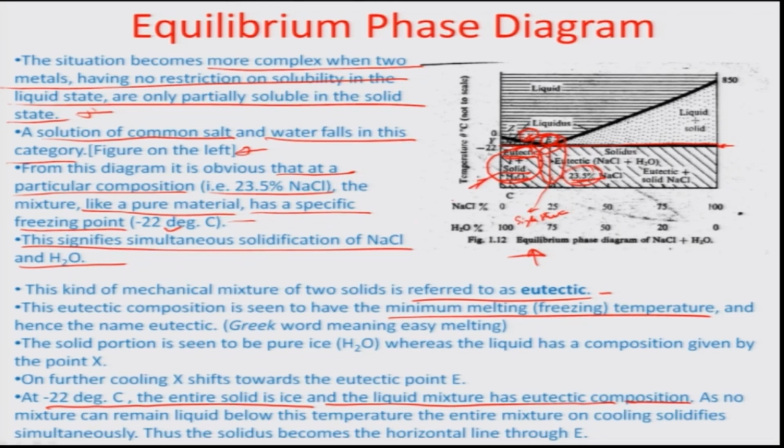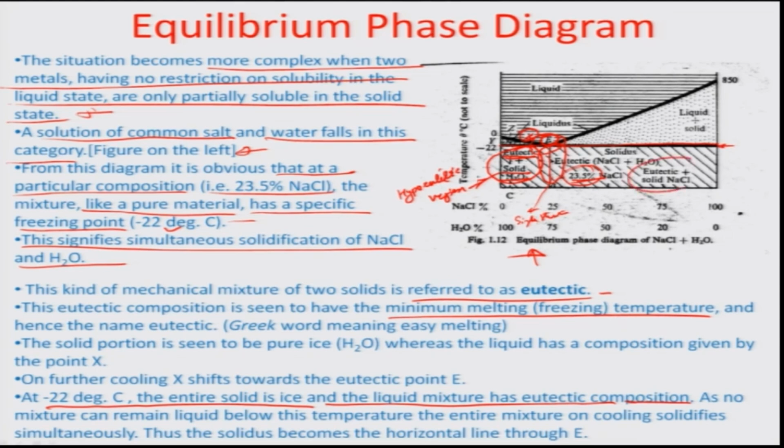This region is known as the hypoeutectic region, where you have excess ice and the eutectic mixture.